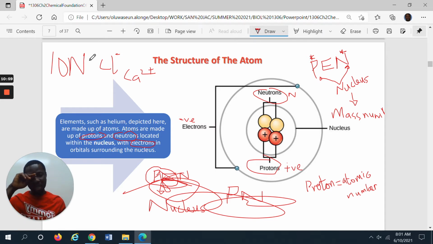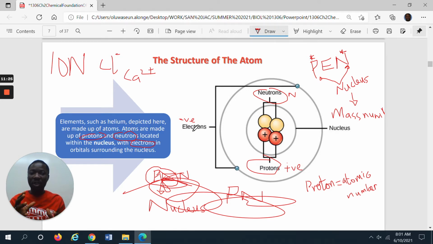But atoms that don't have charges will have the same proton and electron number. Now, why is that? Proton is positive, electron is negative, so they can balance up. That's the ideal. When it balances up, when it's at equilibrium, then the atom is a neutral atom.